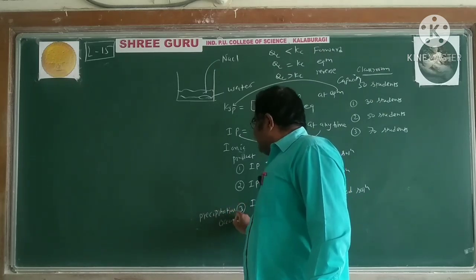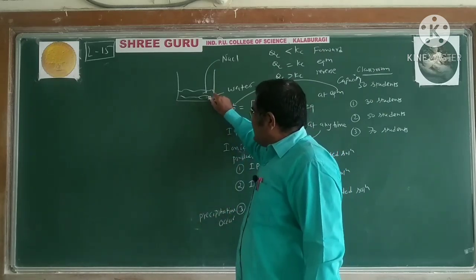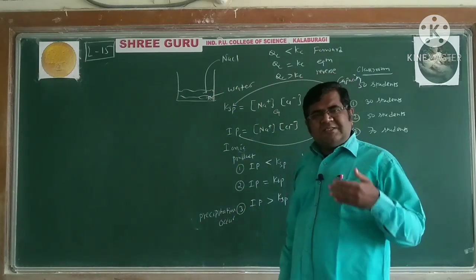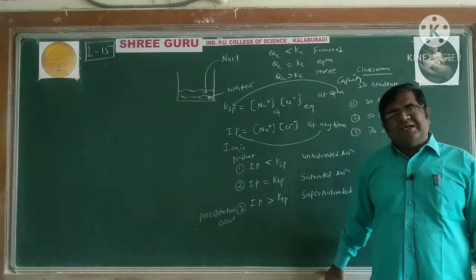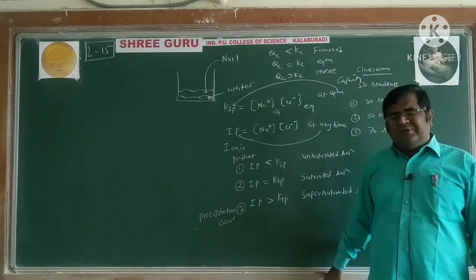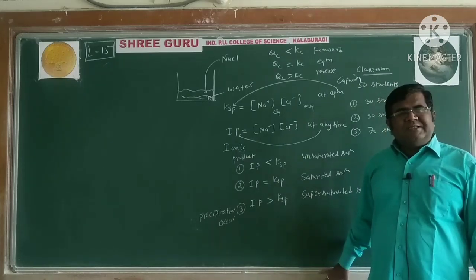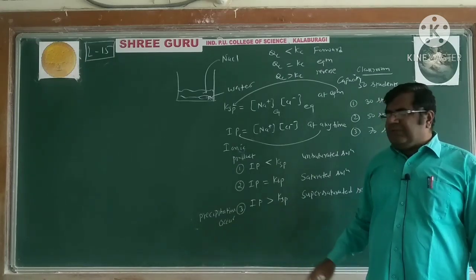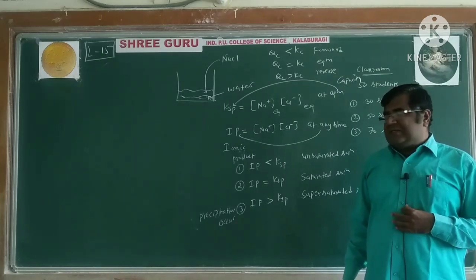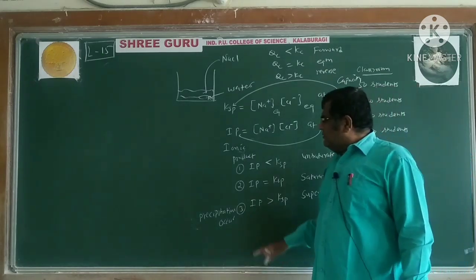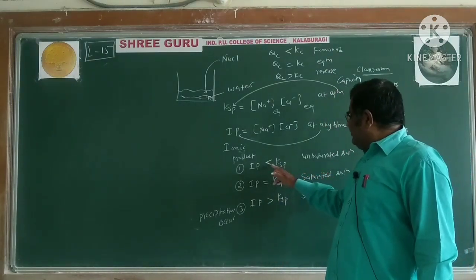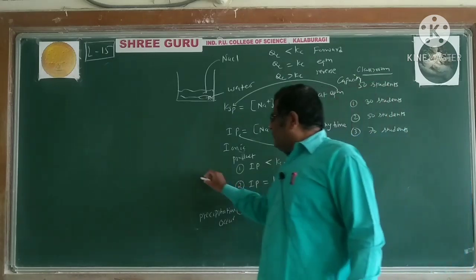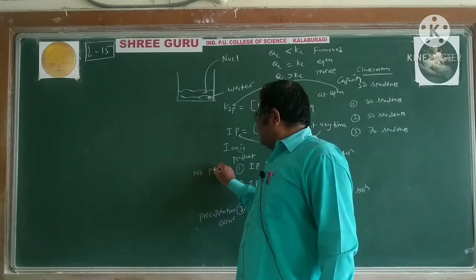Precipitation means the salt will remain as it is because its capacity of dissolving salt is exhausted. The capacity was only 50 students. We added more, so it has been exhausted, and that's why precipitation occurs. And if ionic product is less than solubility product, no precipitation.